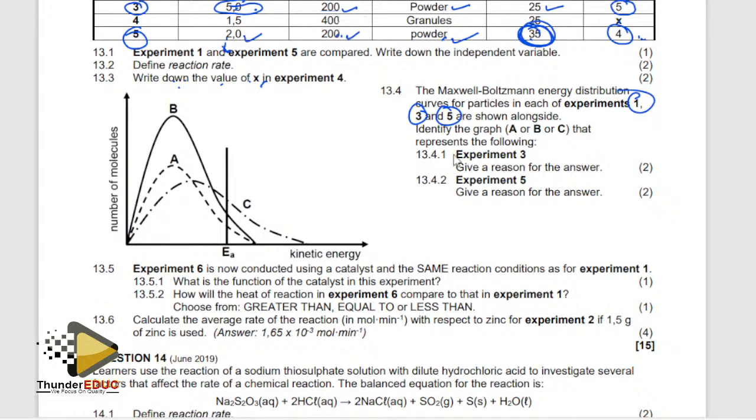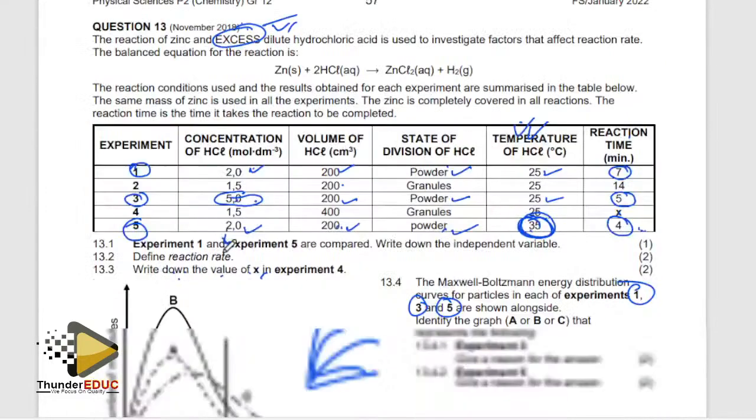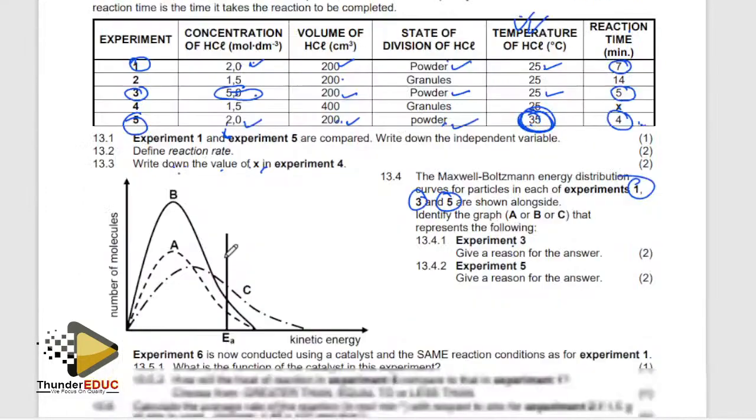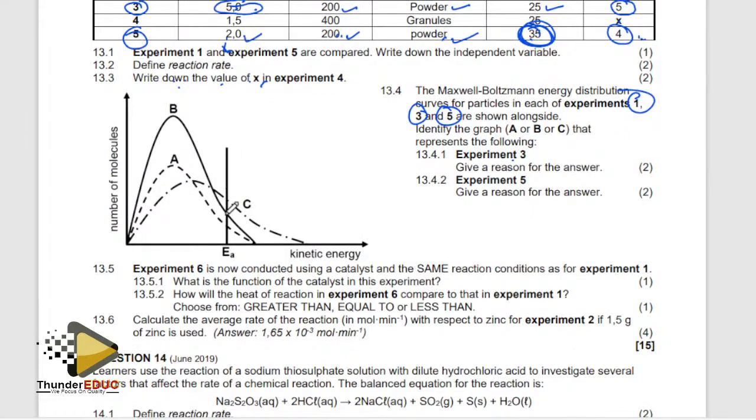What is experiment 3? Experiment 3, if you look at it, is just normal. If you look at it here, it shows that it's just normal. So if you look at these questions, you'll see that experiment 3, you have this, and you have this.